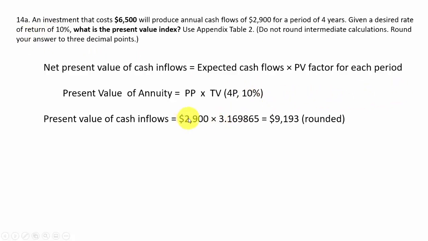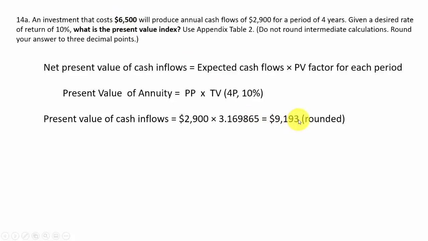And so $2,900 times the table value in the book for 4 periods at 10% will be 3.169865. And that means that these cash inflows are going to be equal to, in today's dollars, $9,193. So we're going to spend $6,500 and get back $9,193, and yay, we should do this every single day.